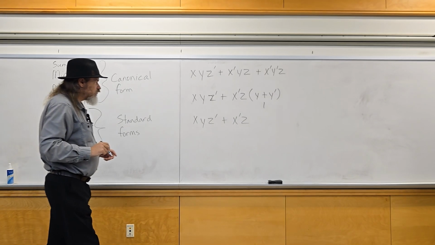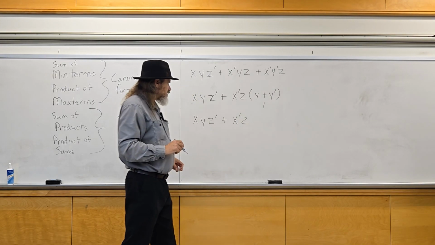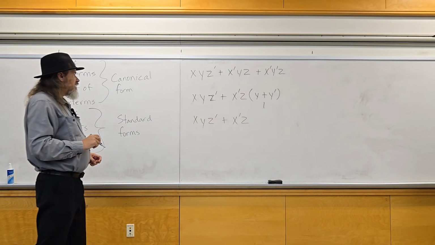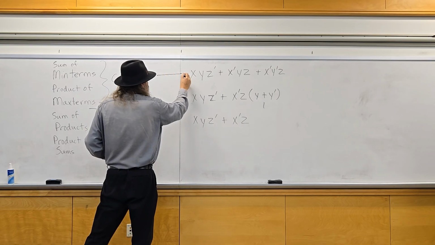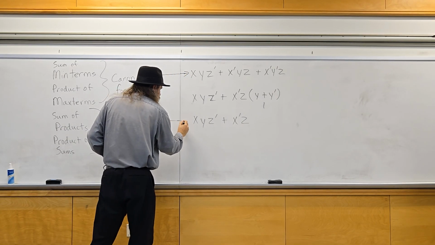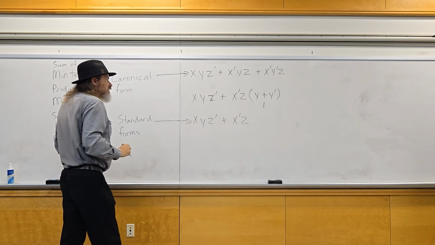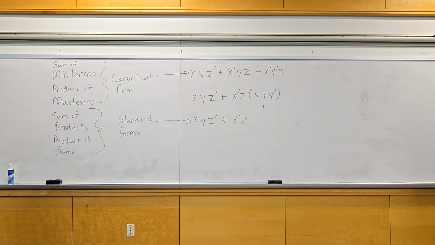And when you AND 1 with something, it remains the same, so you can drop the 1 from here. This is the canonical form. This is the standard form. As you can see, it has fewer literals, fewer gates. That's a sum of products.